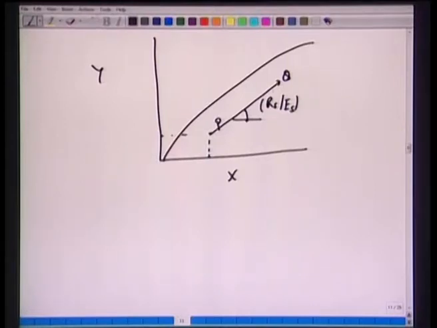Here also we should be able to mark all the points. On the operating curve at any location between this, given X, we have given Y, right?